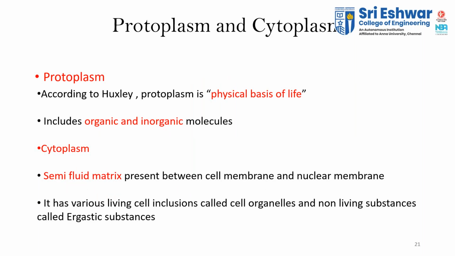And next comes protoplasm and cytoplasm. Protoplasm is the physical basis of life. It includes organic and inorganic molecules. Protoplasm is an important thing. And cytoplasm is a semi-fluid matrix.